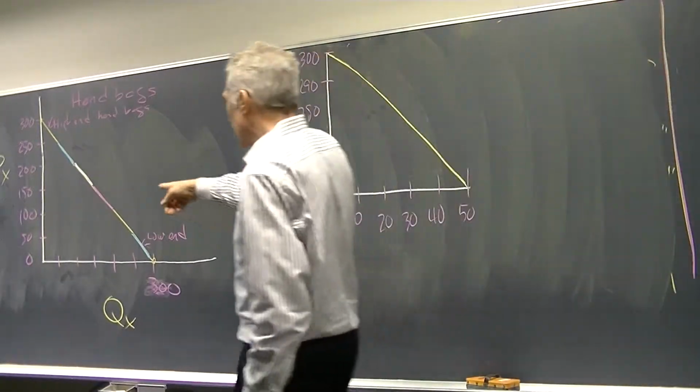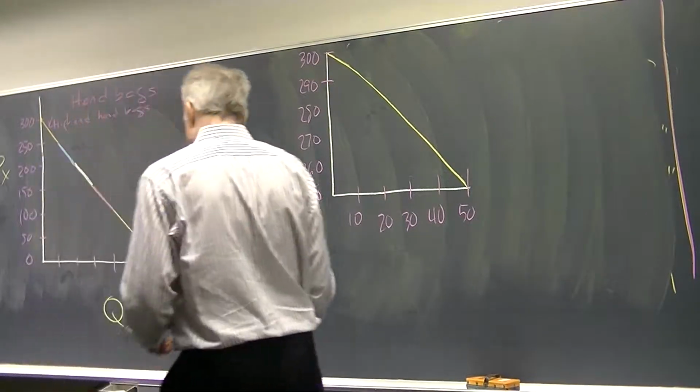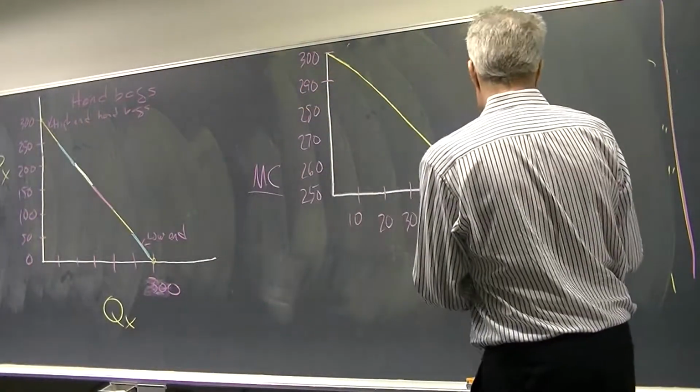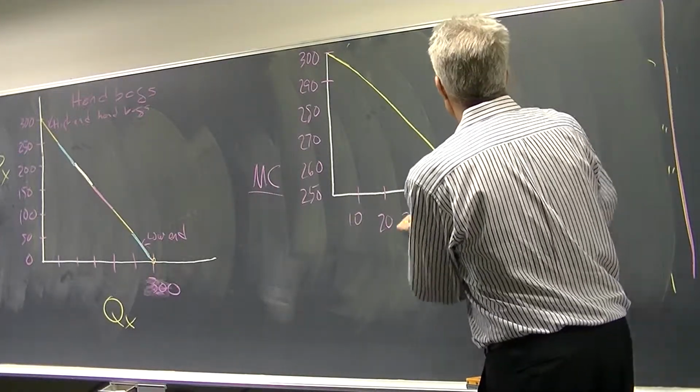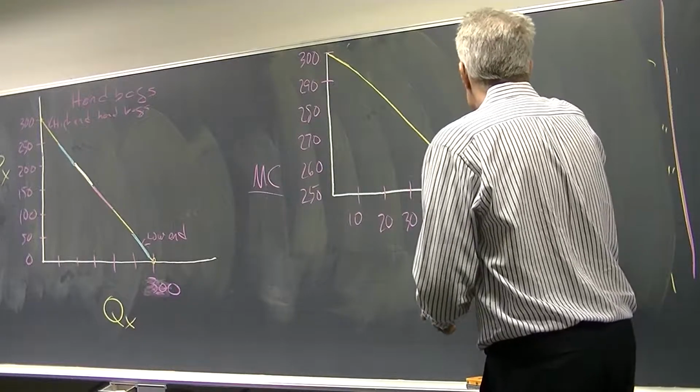For the next segment, the second high end, let's draw 1, 2, 3, 4, 5. We've got enough room. It looks like this.